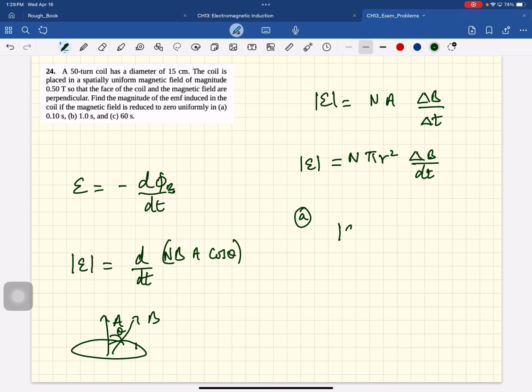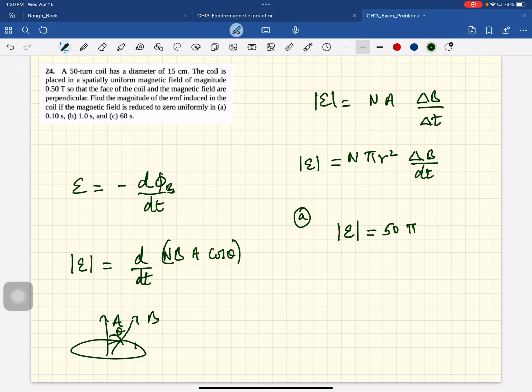So we'll do part A. So the induced EMF, when you turn off the field in 0.1 seconds, is 50 turns times pi r squared, which is 7.5 centimeters, so 7.5 times 10 to the minus 2 meters, squared, and you change the field from 0.5 Tesla in 0.1 seconds.